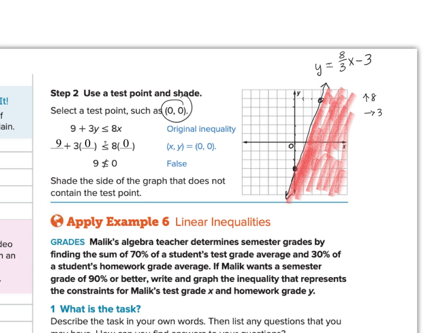And if you think about it, I messed up here. This was a less than or equal to sign. So y is less than. From my y-intercept, I'm still going to shade everything less than, which is the bottom, and what appears to be the bottom right.